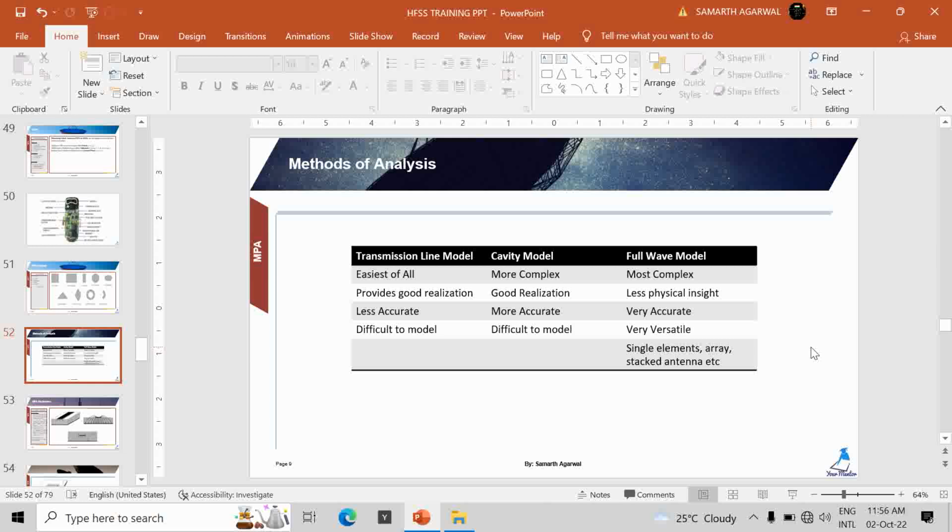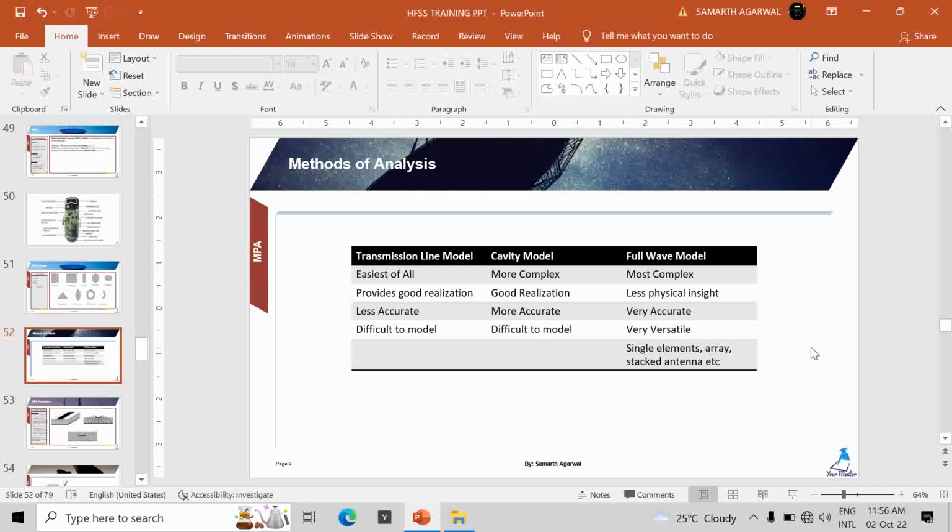Generally, the CST Microwave Studio or solvers are nothing but full wave solvers only. As you can see, I have depicted the brief differentiation here: the transmission line model is the easiest of all, the cavity model more complex, and the full wave model the most complex. Because of its complexity, it is very accurate and very versatile.